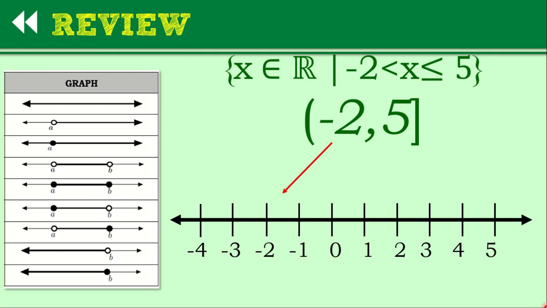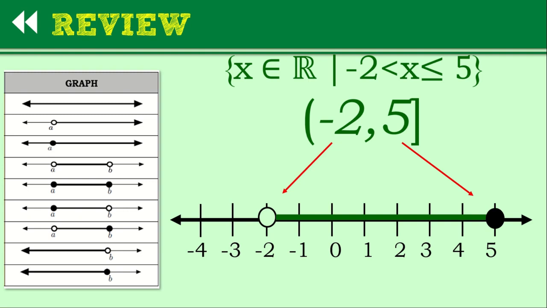Since -2 is not part of the solution, we will use an open circle, like this. And 5 is over here. But since 5 is part of the solution, we will now use a shaded circle. And the numbers in between, represented by the green line segment, are the solution set.